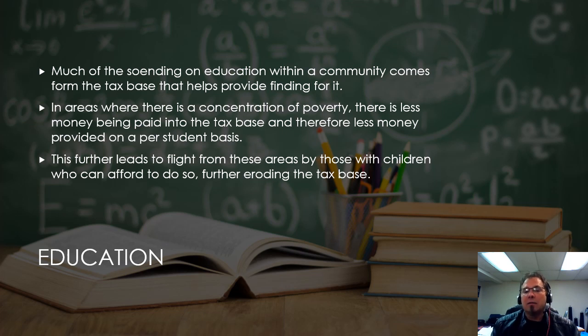Another facet to this whole community economic development is obviously education. We've talked about this, that spending on education comes from the tax base. The tax base is what funds education, right? And the problem is you have, let's say, Milwaukee Public Schools, for example.